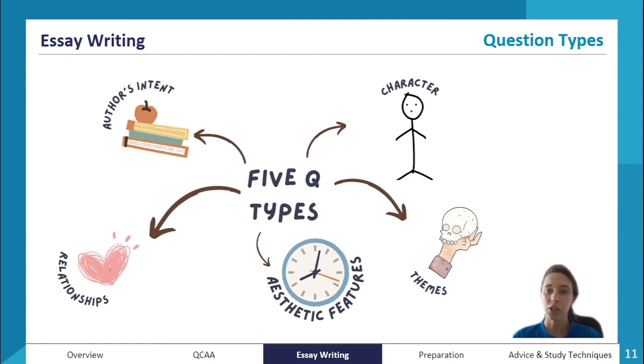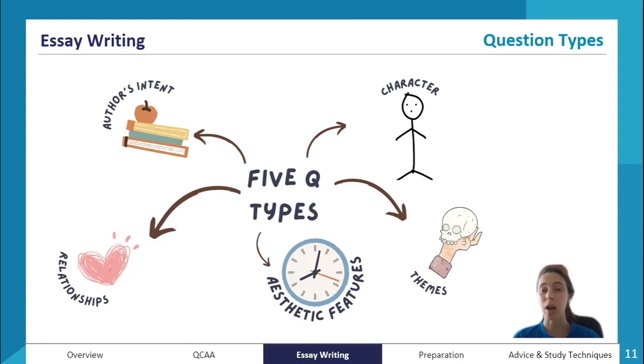Okay, so as I mentioned, we're going to go through some of the question types, and you can break these up into different categories. Here we've got 5 different types. We've got character type, the theme type, aesthetic features, relationships between characters, and then author's intent.